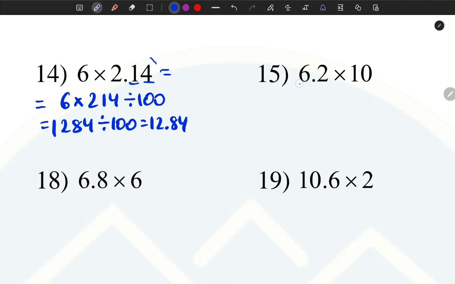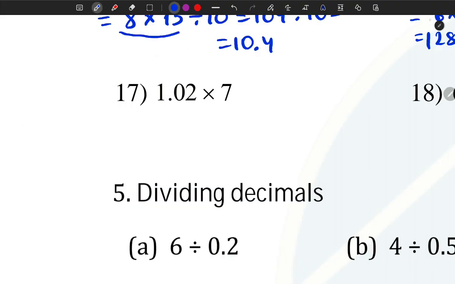Then here 6.2 multiplied by 10. When we multiply a number by 10, we need to move our decimal point, place value point, to the right side, and we get from here 62.